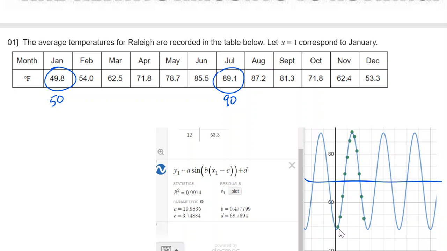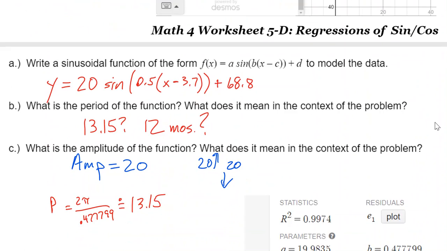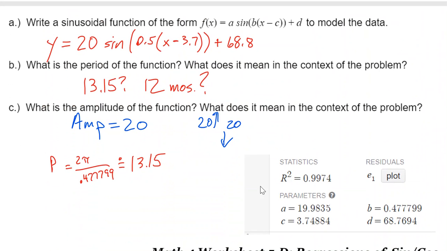That's a difference of 40 from top to bottom. So that's why that makes sense.